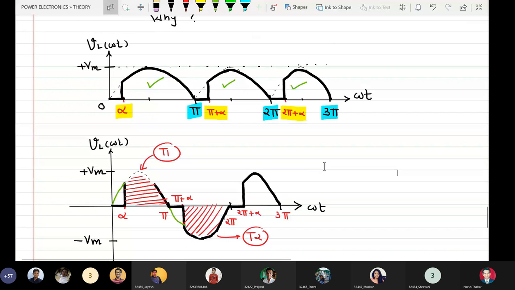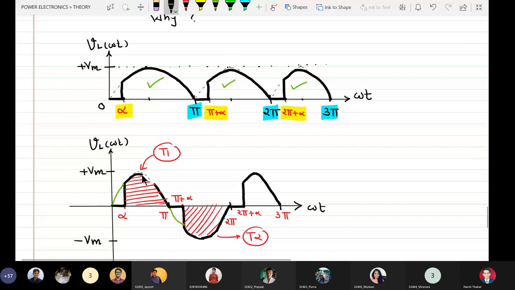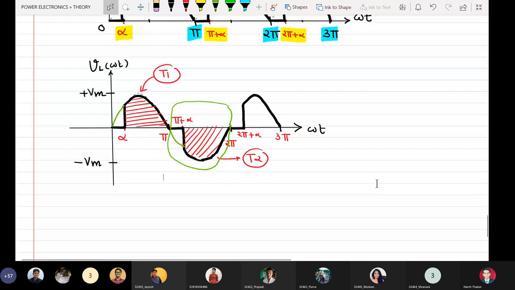So if we carefully see these waveforms, then because it is RMS, that is why it is same. So I will just complete the waveform. It has got cut somewhere, right? So when I perform RMS analysis for this waveform, that is this thing. So when I perform the RMS analysis on the pulse existing from pi plus alpha to 2 pi, it gets inverted here. So basically this becomes this.